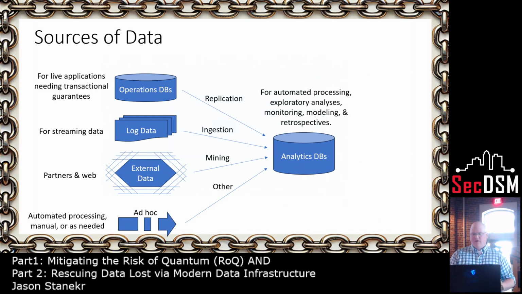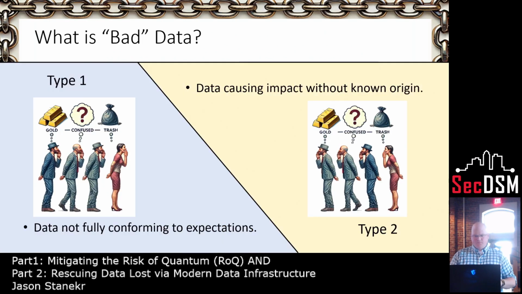But I'm going to talk about it in different terms. I'm going to talk about two different types of bad data. The first is data that doesn't fully conform to expectations, and the second is data that causes impact without a known origin. At the root of both of these types of bad data is low integrity.